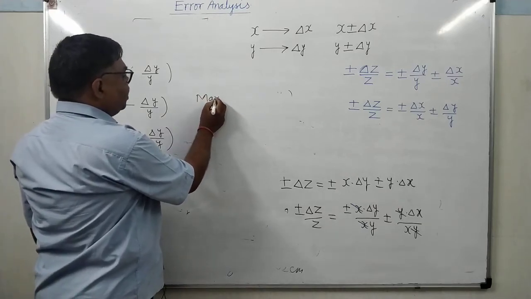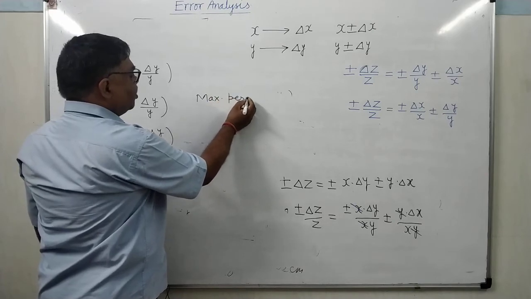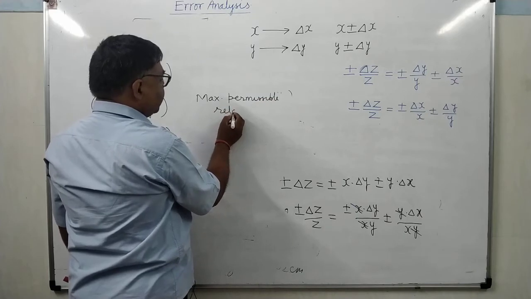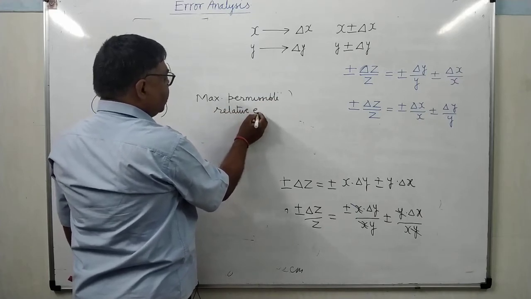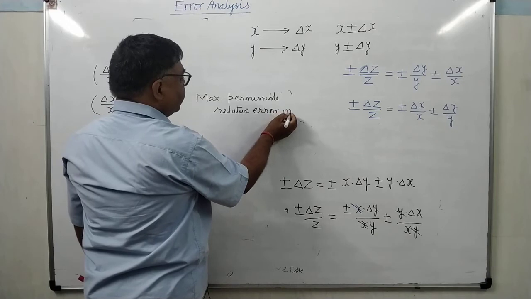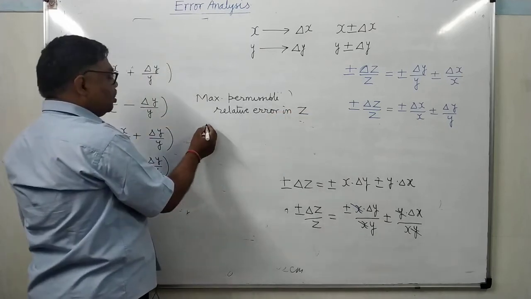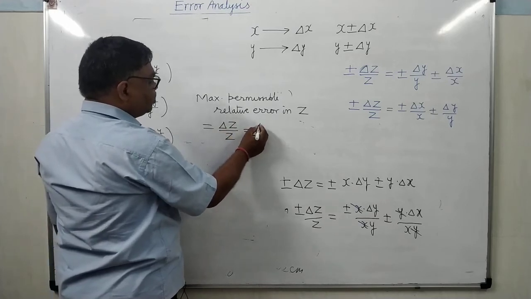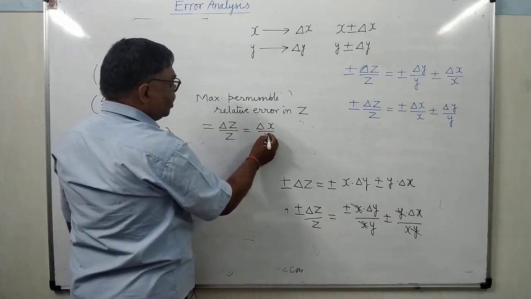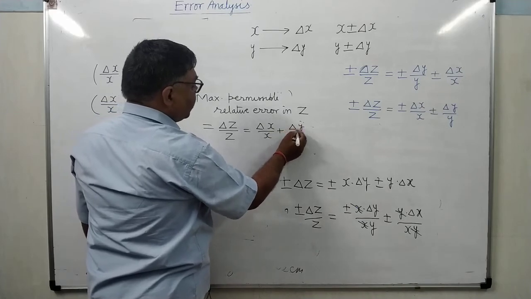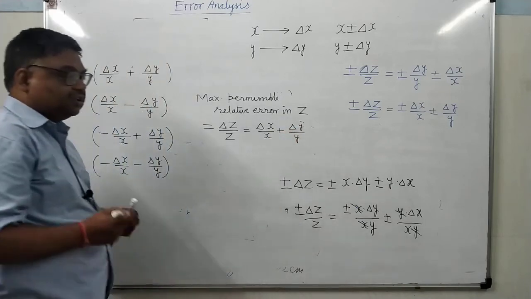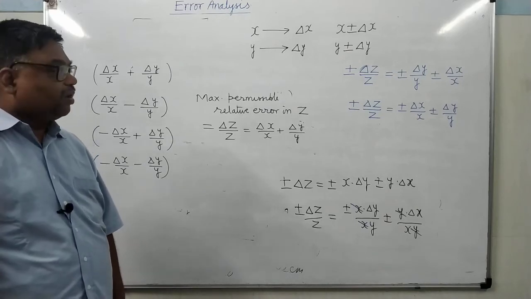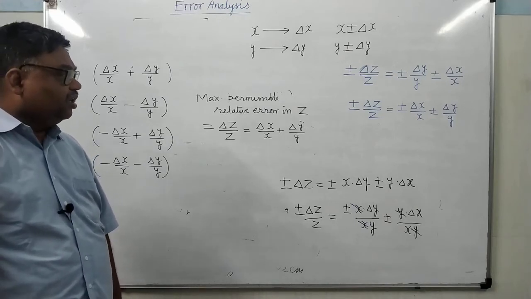Maximum permissible relative error in z will be equal to delta z upon z equals delta x upon x plus delta y upon y, which means it is equal to the sum of the relative errors in the measured values.